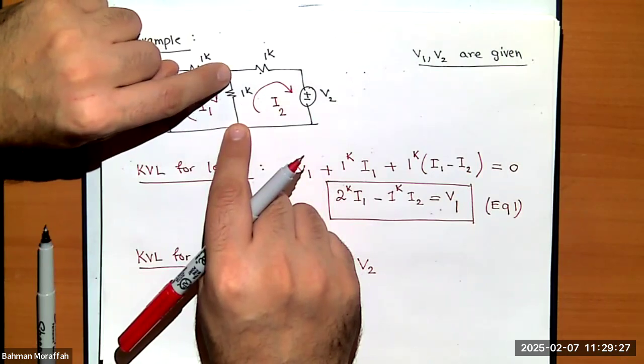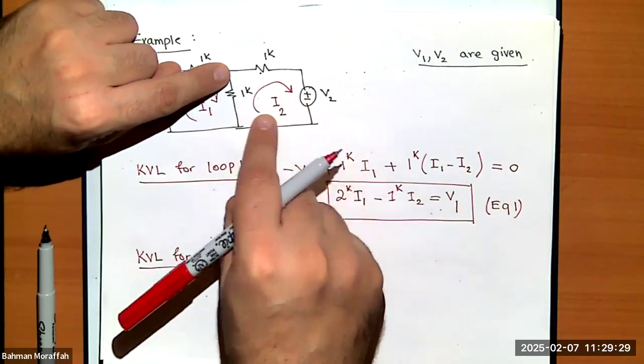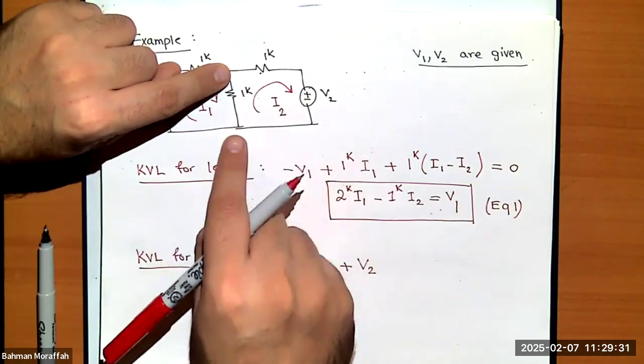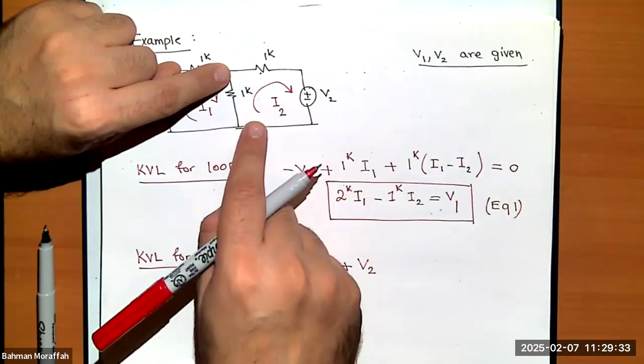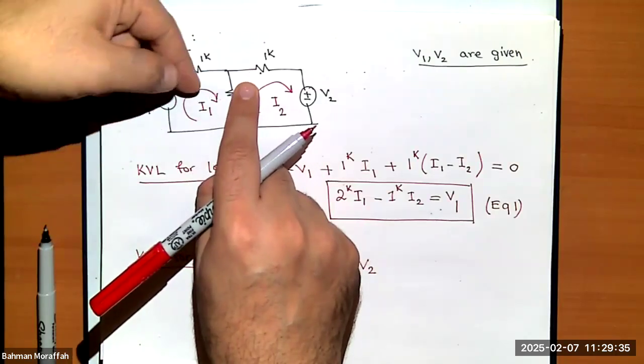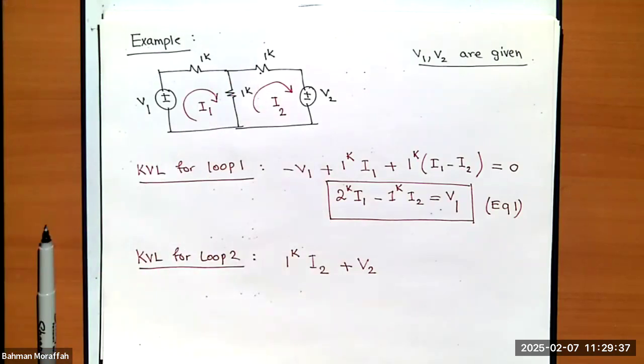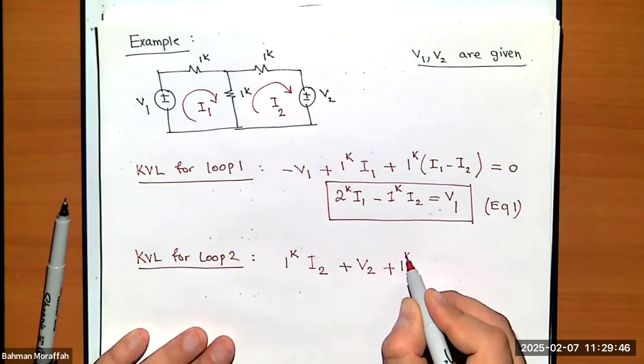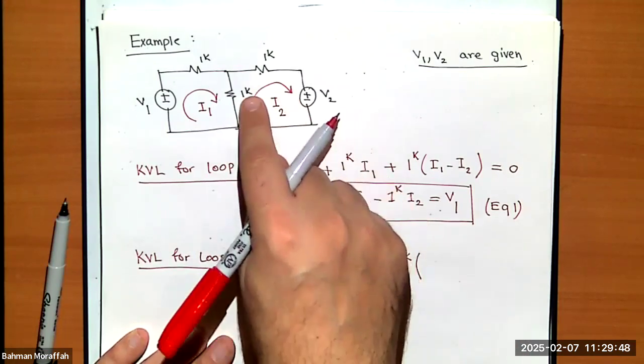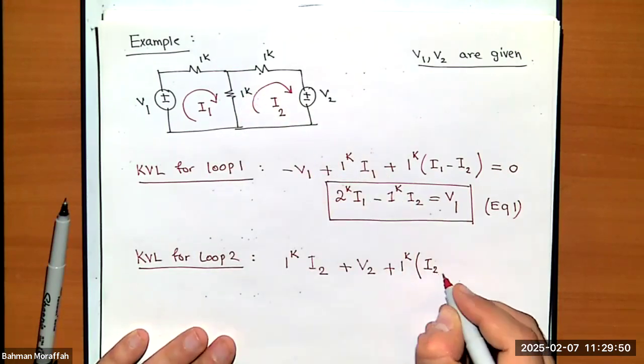Now I have this 1K that's shared. This time I'm going this direction. I2 is going upwards. I1 is going downwards. What is the voltage across this? That's the value of the resistance times the current through it, which is I2 minus I1.